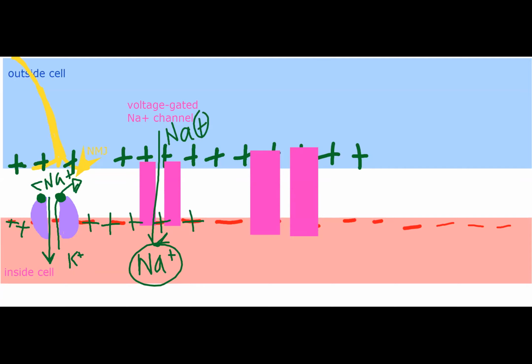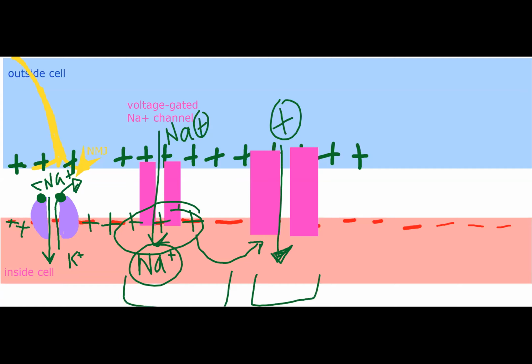And because there was so much positive change in this area, that stimulates this voltage gated sodium channel to open. And now sodium ions can start flooding in this section of the muscle fiber.